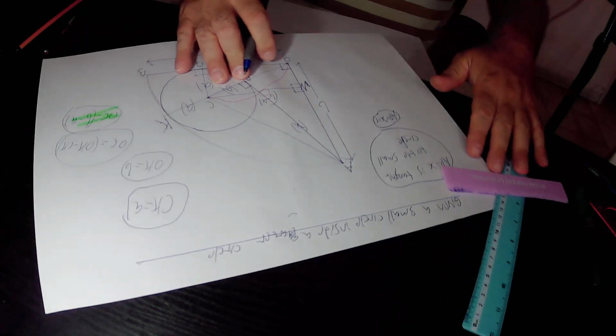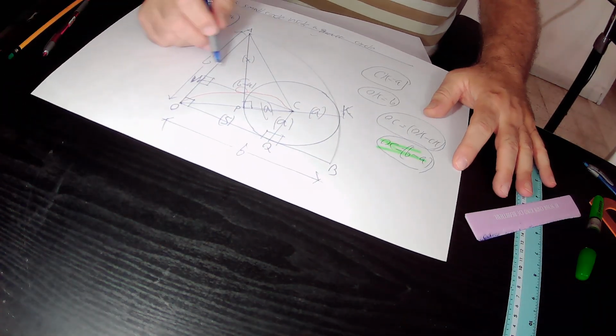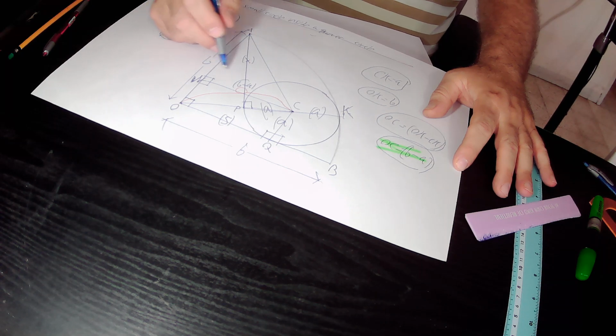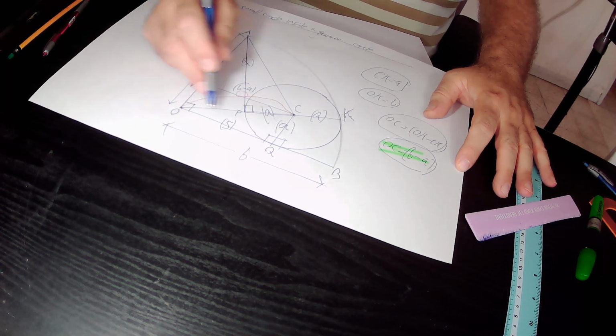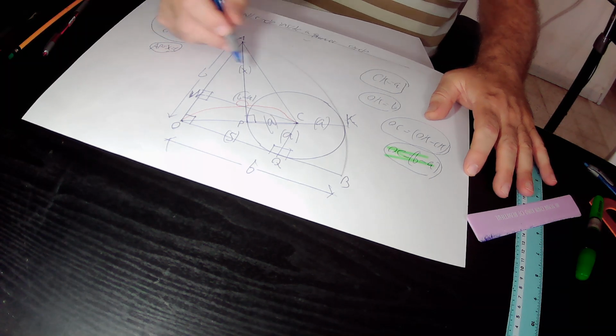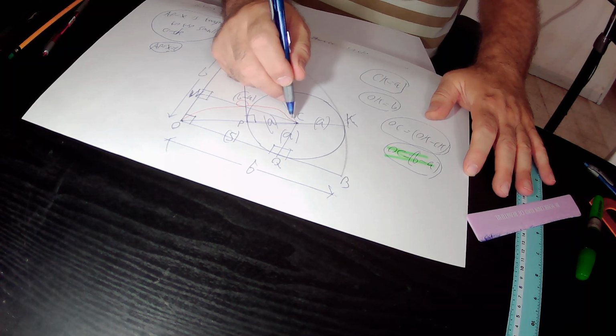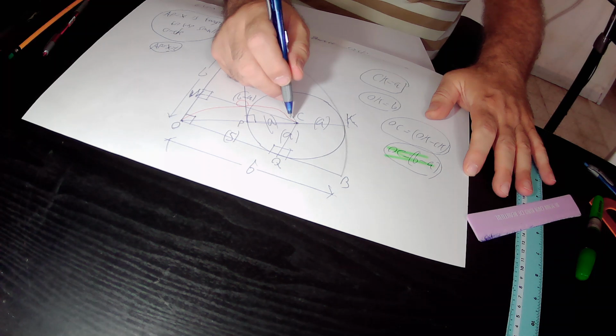So by doing this construction, we get quadrangle NCQO. Inside this quadrangle NCQO, we have 3 right angles. The sum of 3 right angles is 270 degrees, so 270 degrees plus the size of this 4th angle must in total equal 360 degrees. According to the rule, the sum of the angles in any quadrangle is equal to 360 degrees.